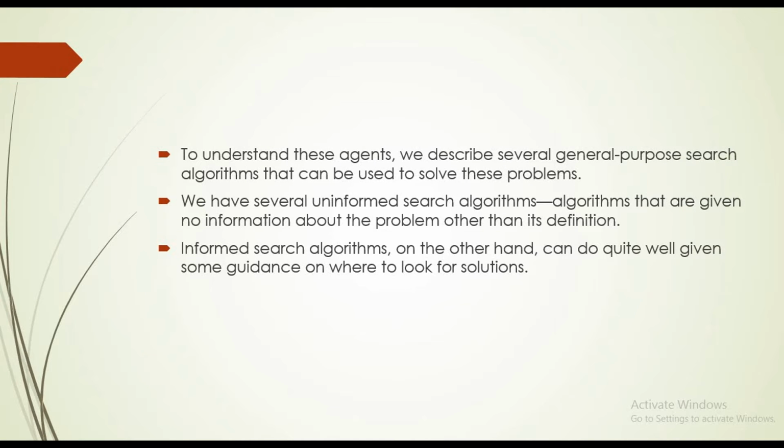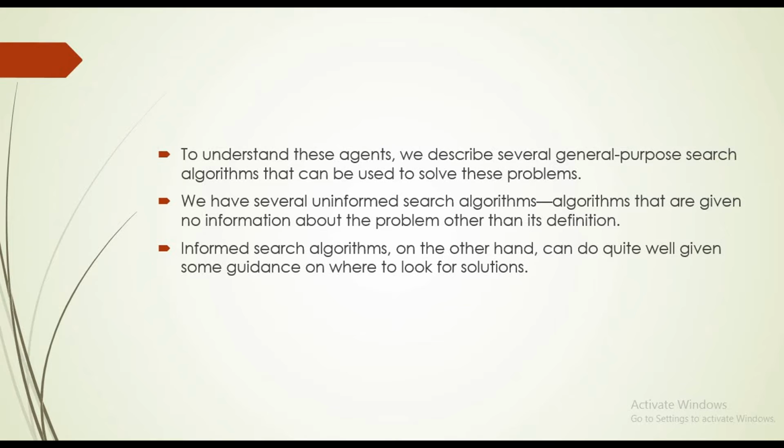So to understand these agents, we describe several general-purpose search algorithms that can be used to solve these problems. There are quite a number of search patterns and techniques. We will discuss the basic ones, and there are quite a few more. We can spend a lot of time, but the basic is to get the concept behind.